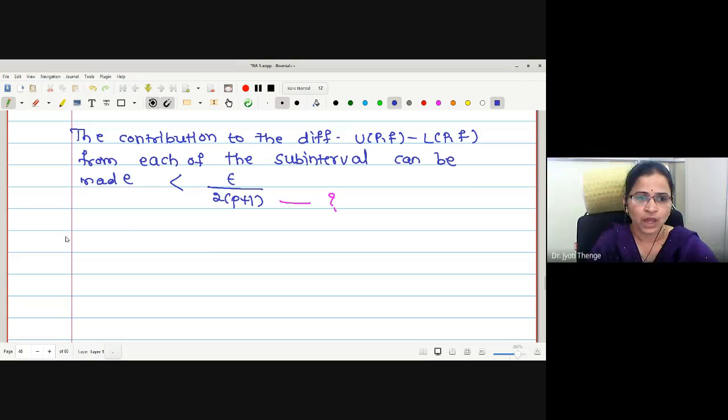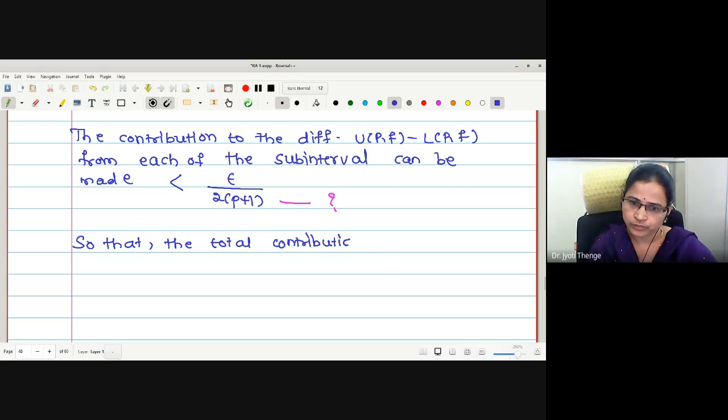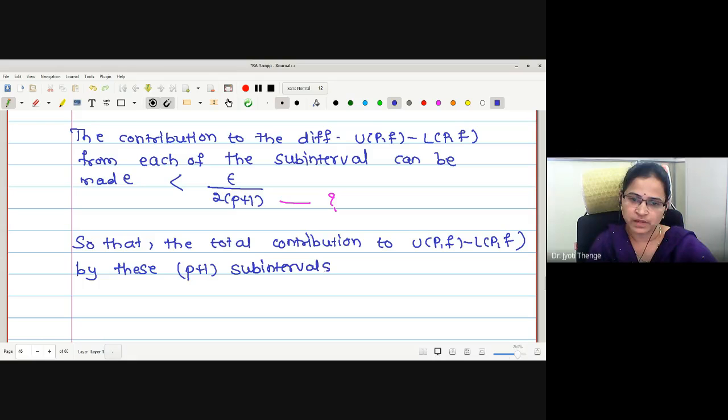Yes, ma'am. Now I will write that the total contribution to UPF minus LPF by these P plus 1 subintervals is less than P plus 1 times epsilon upon 2 times P plus 1, which is equal to epsilon by 2.